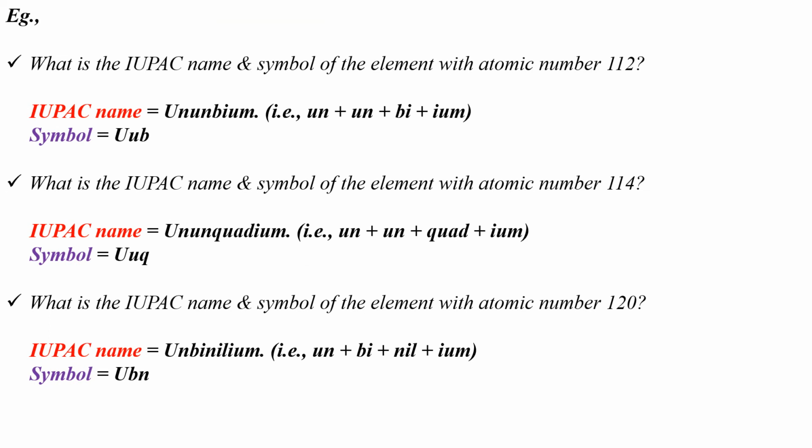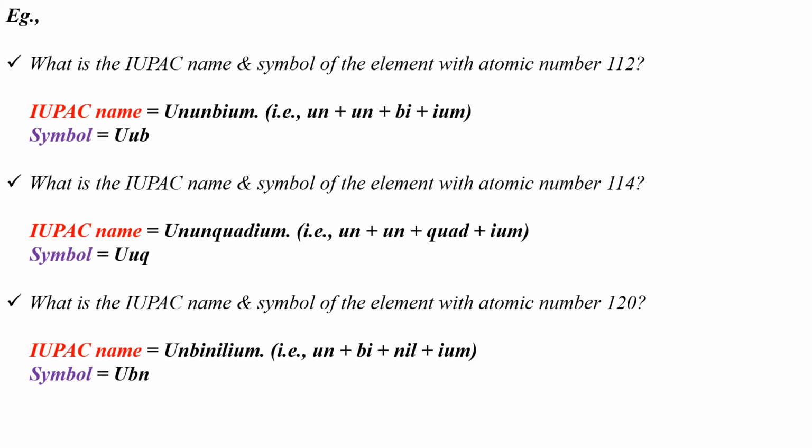Students, let's now try to write the IUPAC names and symbols of a few elements with atomic number greater than 100. Let's see example 1. What is the IUPAC name and symbol of the element with atomic number 112? We know the root for 1 is un. Again, the root for 1 is un. The root for 2 is bi. On linking these roots and on adding the suffix IUM, we write the IUPAC name of the element 112 as ununbium.